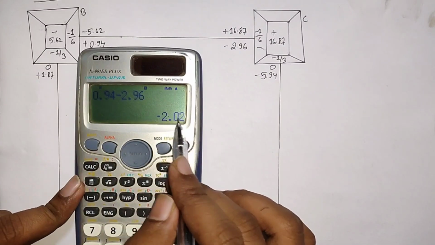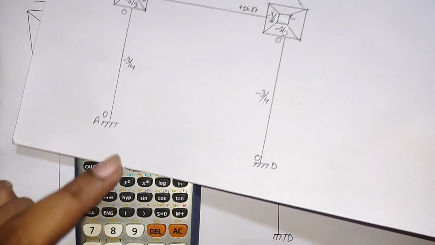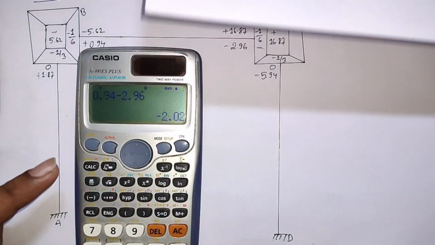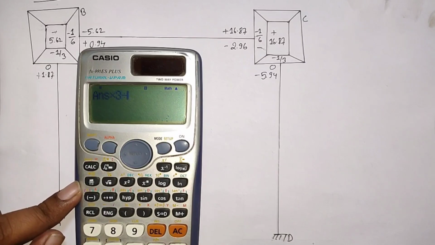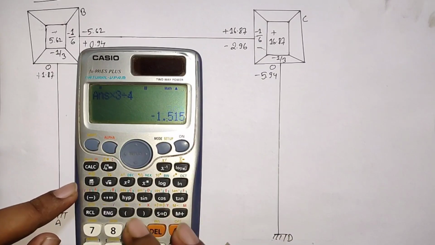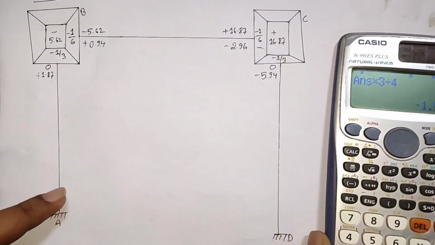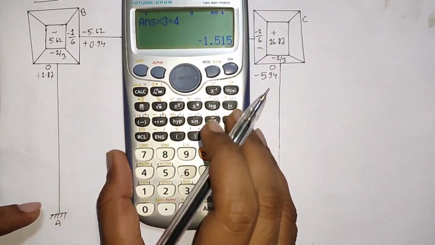Now minus 2.02 is multiplied with the factor minus 3 by 4, then minus and minus will give positive, so multiplying by 3 by 4, we get 1.51. So guys, now we need to provide the displacement factor also.